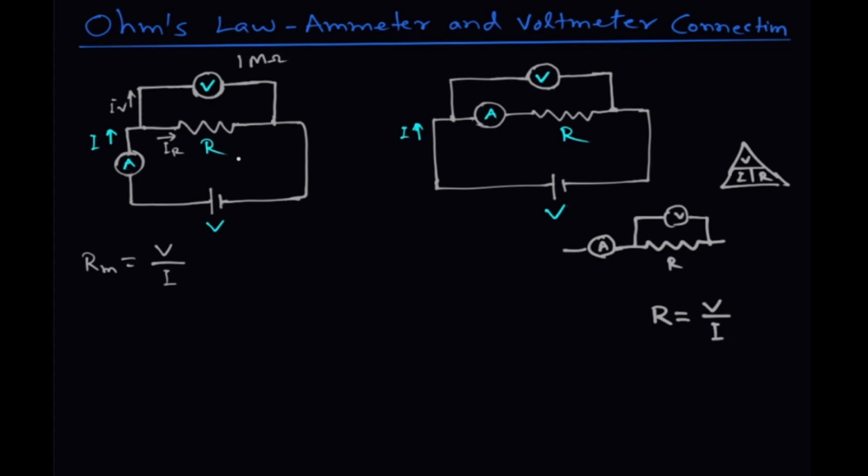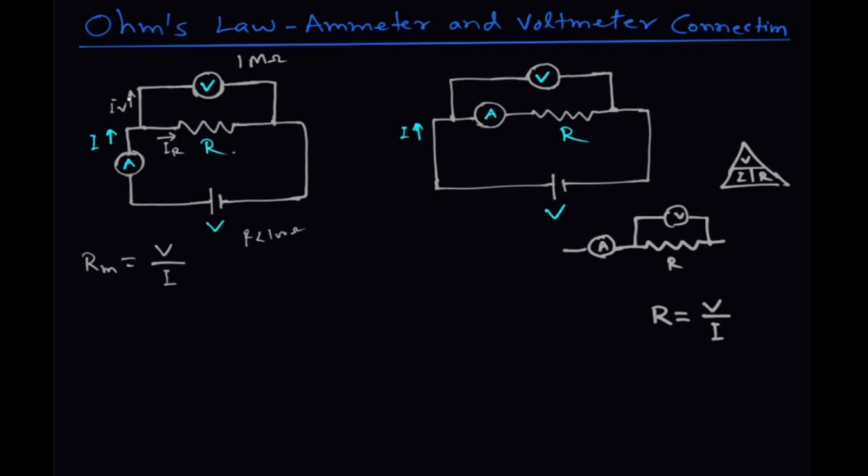And if this resistance R is small enough, suppose R is nearly or less than 100 ohm, then the current flowing through this resistance will be very, very large compared to the current I_V.